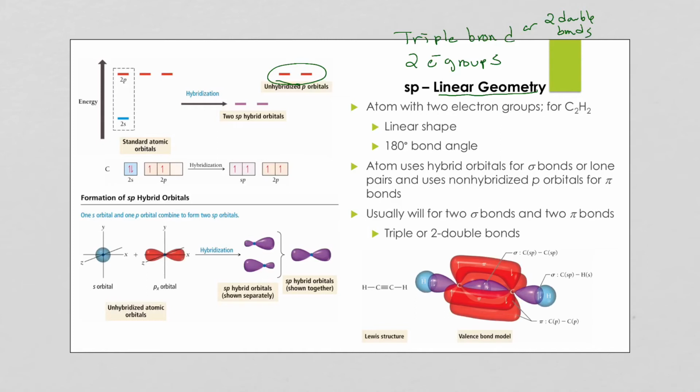So if we think of the overlap here, we have one of the sp hybrid orbitals bonding with the hydrogen in this case, one of them bonding with the carbon to form the sigma part of our triple bond. So this molecule is this molecule here.